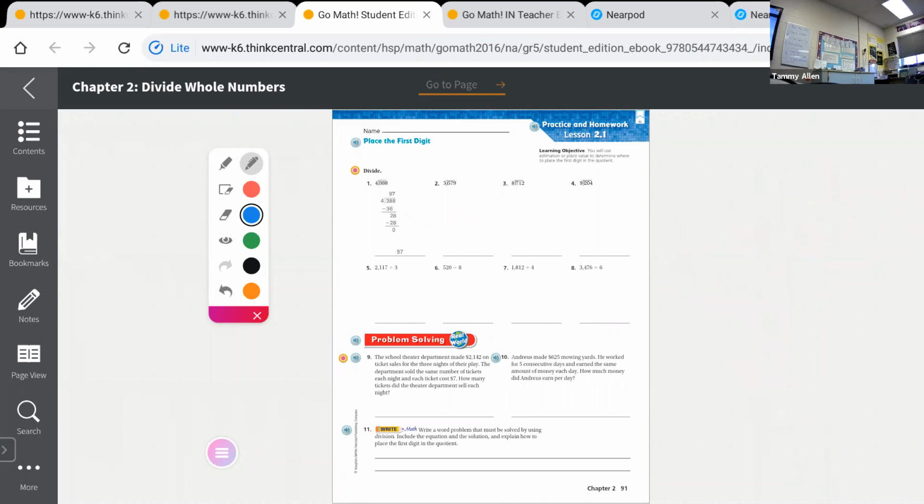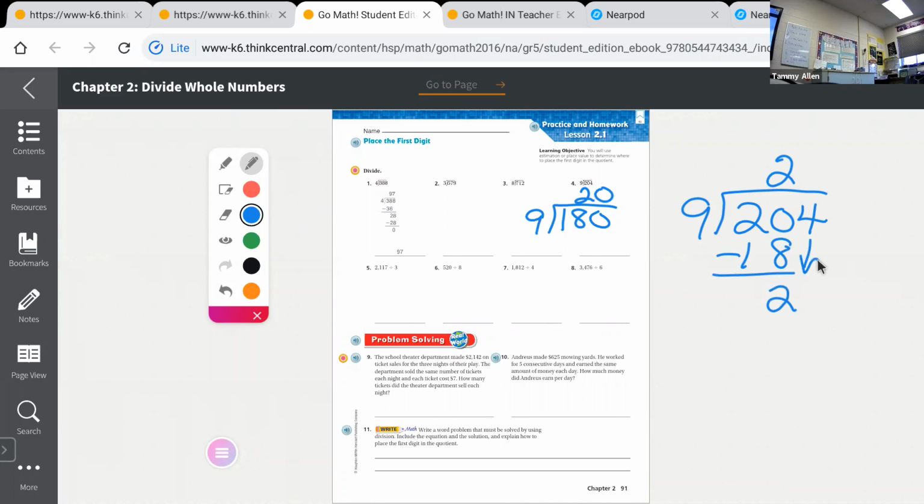Then you did 4, is that correct? Yes. I would have done 180 divided by 9 is 20. So 204 divided by 9. 9 goes into 20 2 times.